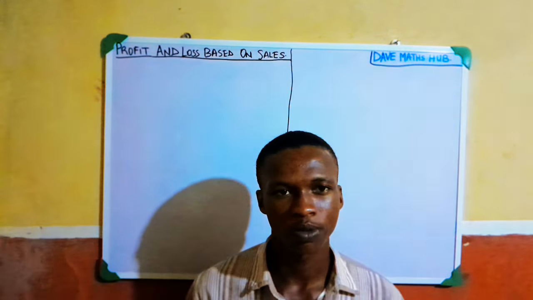Then the profit percentage will be selling price minus cost price over cost price times 100 over 1, which is equal to 1,800 minus 1,500 over 1,500 times 100 over 1.